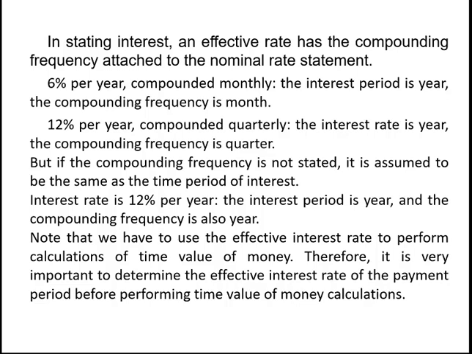That means the interest period is a year, but the compounding period is a quarter. So in this situation, we understand that the rate is the nominal interest rate. That is the difference between the nominal interest rate and the effective interest rate.